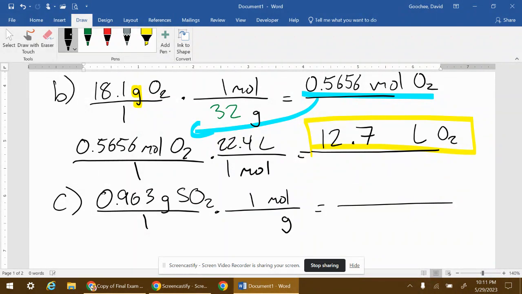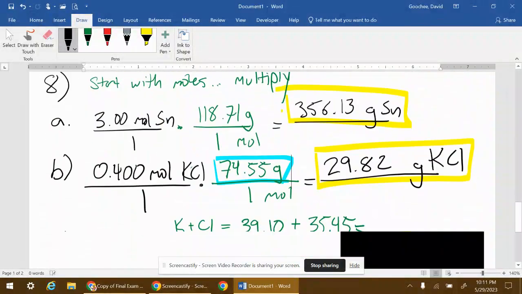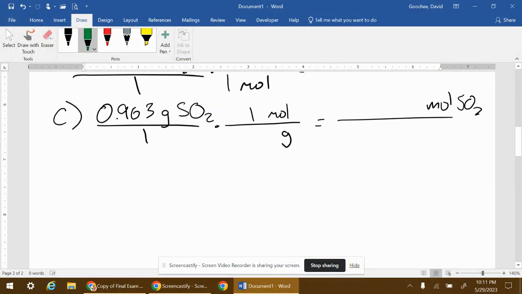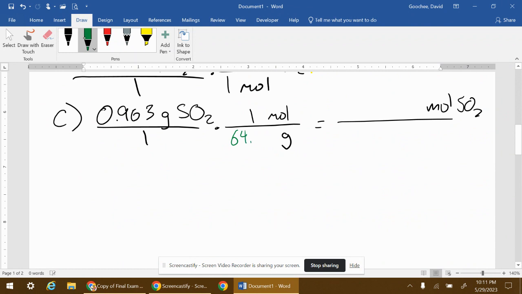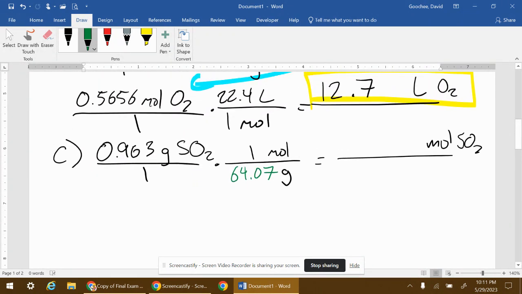Now, the good thing about SO2 is we already did a problem with SO2 here. SO2 is 64.07 grams per mole.